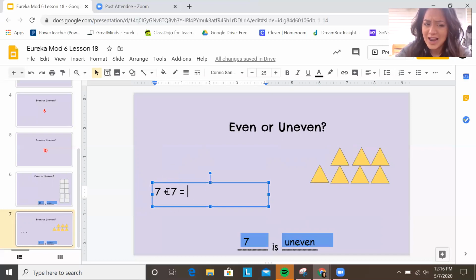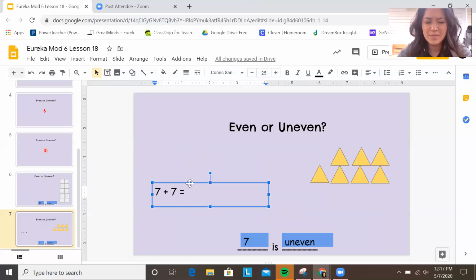So even though our addends are uneven, would our answer be even or uneven? Tell me in 3, 2, 1.